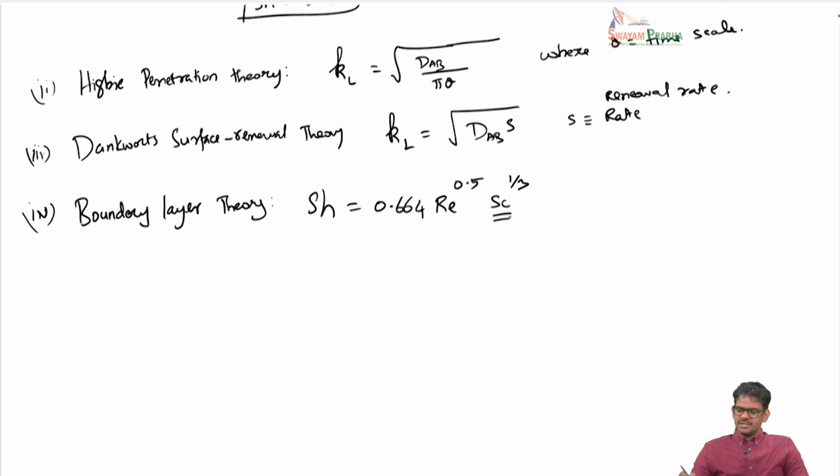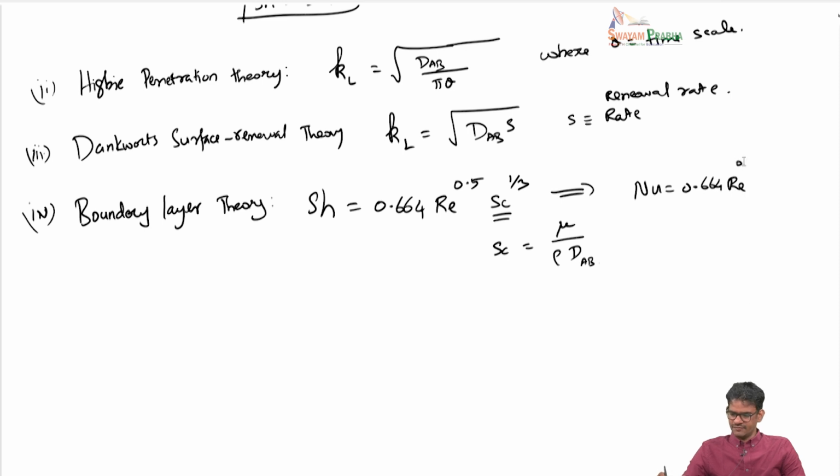Here the Schmidt number is defined as mu by rho D. Okay, this is very similar to Prandtl number used in heat transfer. An equivalent expression that you might have studied in heat transfer is Nusselt number written as 0.664 Reynolds number to the power 0.5, Prandtl number to the power 1/3. Okay, so this is valid for laminar flow.